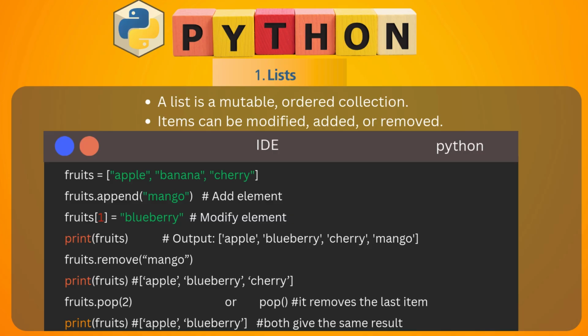That's why both dot pop 2 and dot pop seem similar in this case, because cherry was the last element anyway. So remember, dot append adds, indexing modifies, dot remove deletes by the value and dot pop deletes by position. List gives us flexibility to manage data easily. Try this with your own example, maybe with colors, numbers or even your favorite movies.